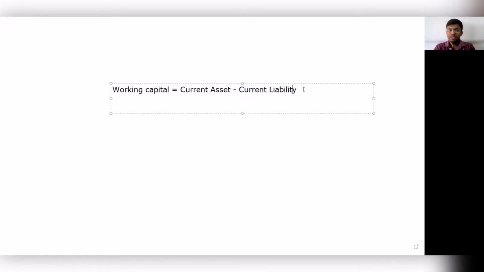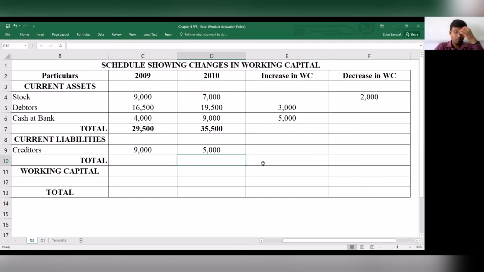So when current liability comes down, working capital will increase. That was the rationale. Now let's look at how this will impact. Working capital will increase by 4,000.